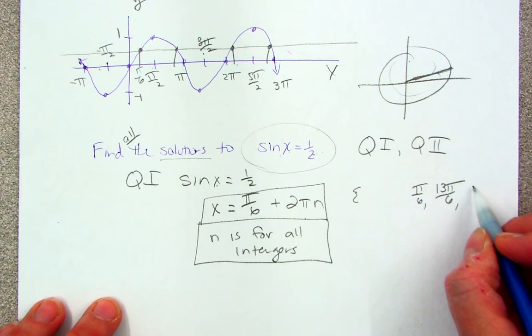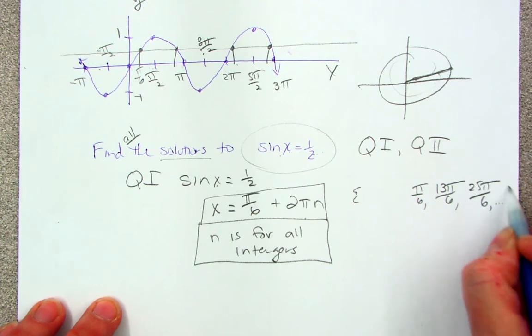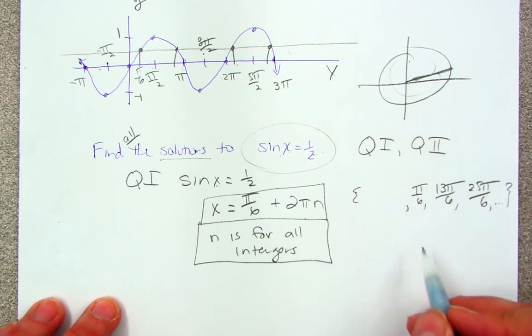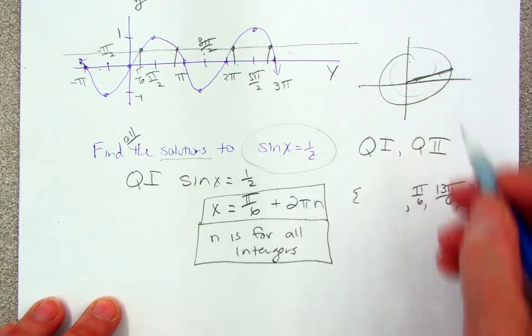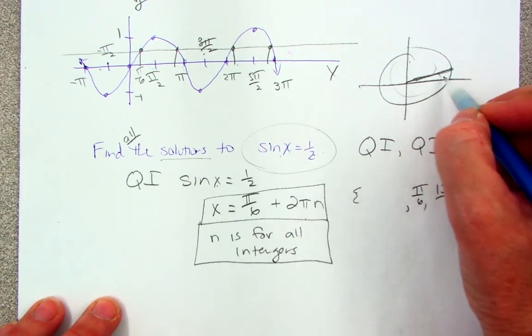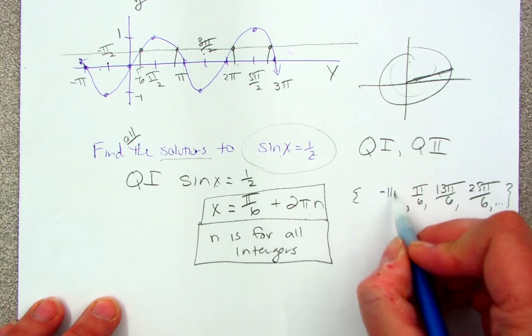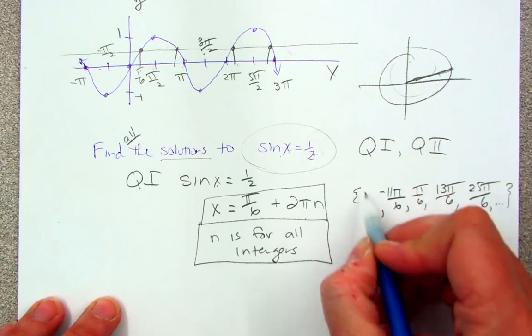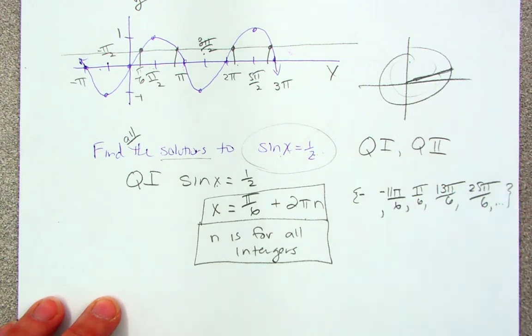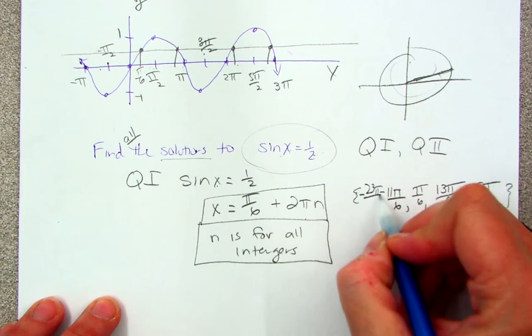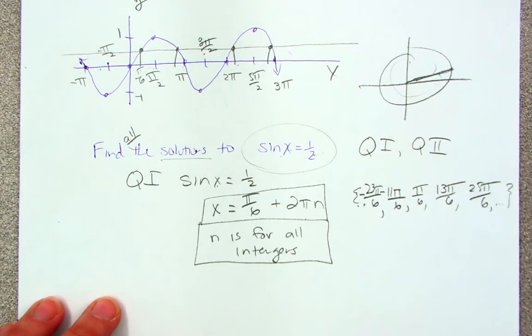So what would that be? 12, 24, 25 pi over 6, etc. Going backwards, what would that be in negative? So this is pi over 6 this way, and wonder what it is this way. That would be negative 11 pi over 6, negative, instead of 24, 23 pi over 6, etc., right?